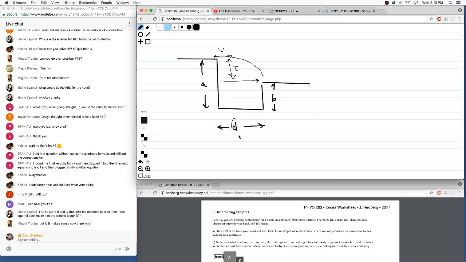If we're designing this ledge so that naughty squirrels can't get on there, we want to make D greater than whatever this distance of the squirrel, x squirrel, will be, v naught times t. This D needs to be greater than that.